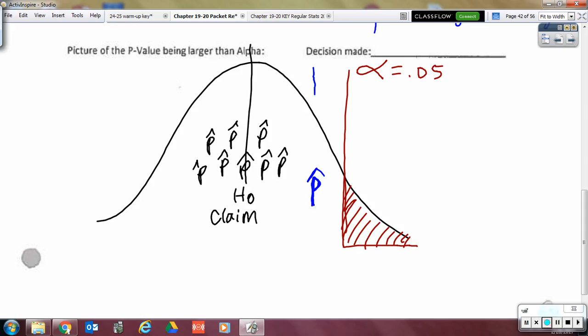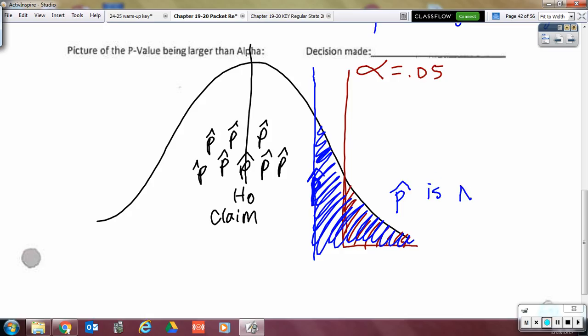The p-value is the probability of getting this sample or something more extreme if the null is true. So our p hat is not in the rejection region.